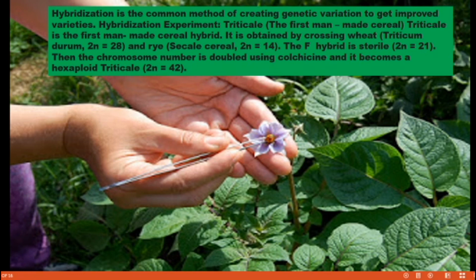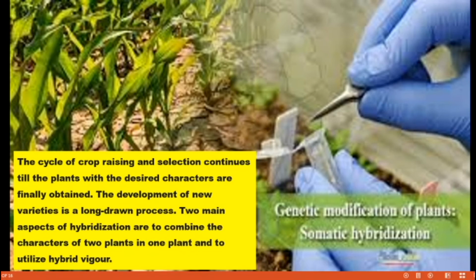So the desirable characters may be carried from the plants. The cycle of crossing and selecting continues until the plants with the desirable characters are finally obtained. So it is not a simple process, it is a very complicated and long process also.